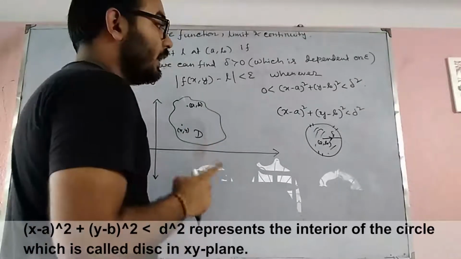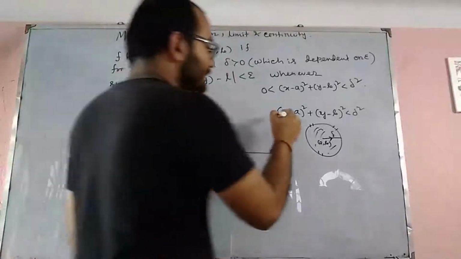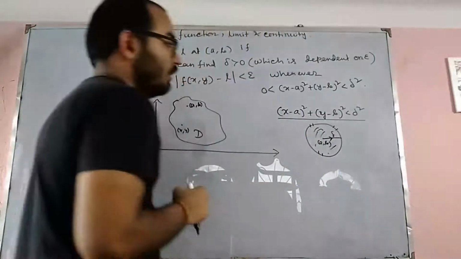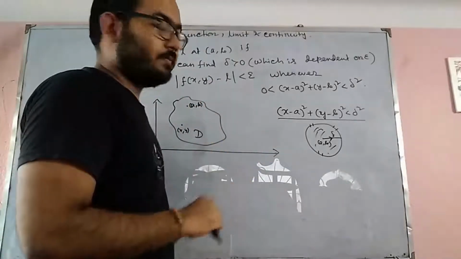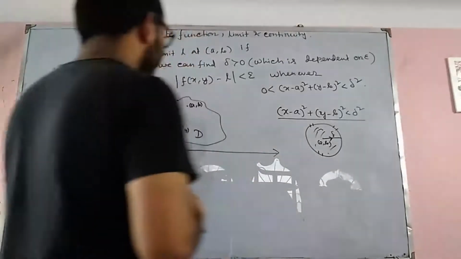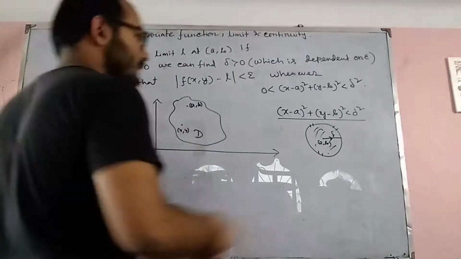This is called a disk in R2, and this is the equation of a disk in R2. Now I erase this picture.